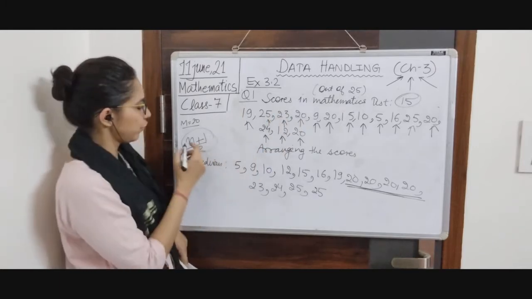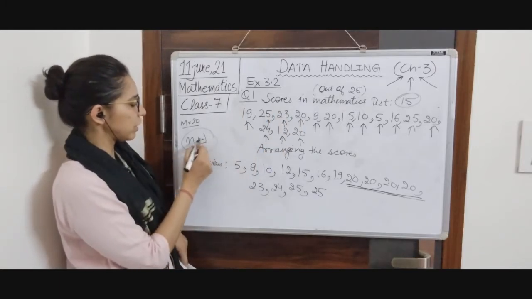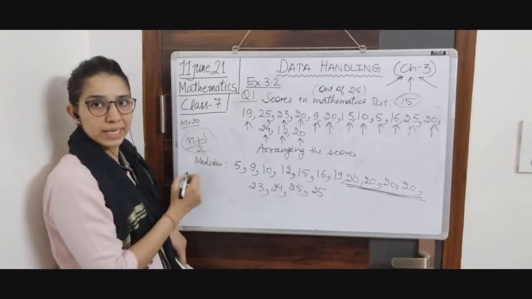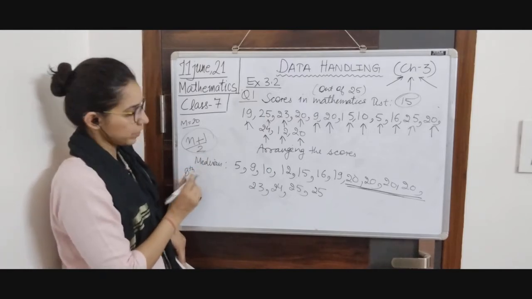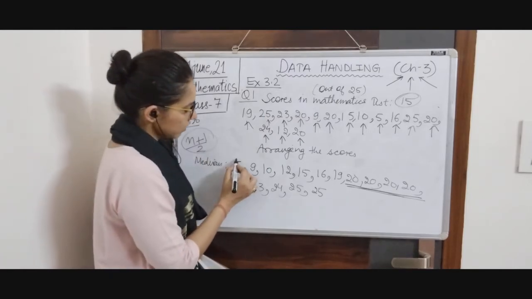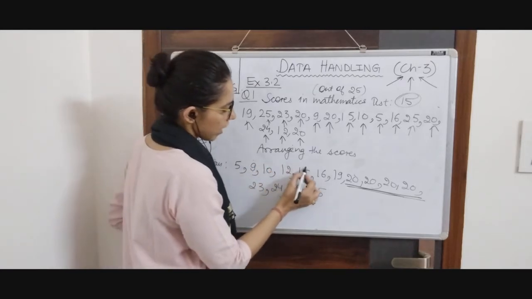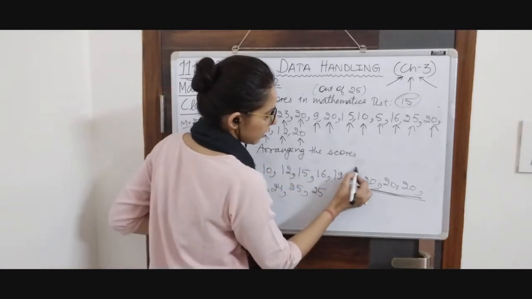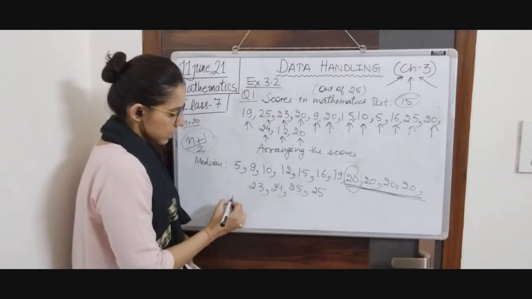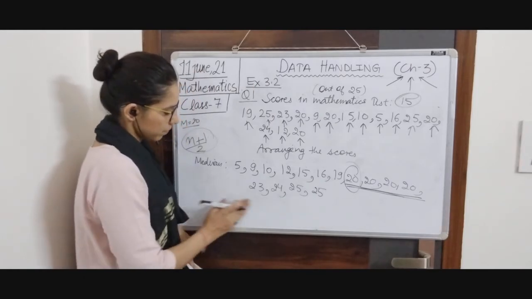Here we have 15 observations, so it will be 15 plus 1 by 2, that is the 8th term. Your 8th term is 1, 2, 3, 4, 5, 6, 7, 8. The 8th term is 20.